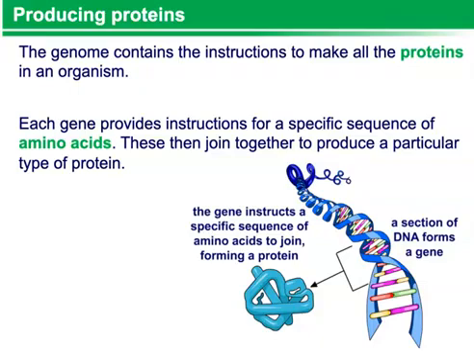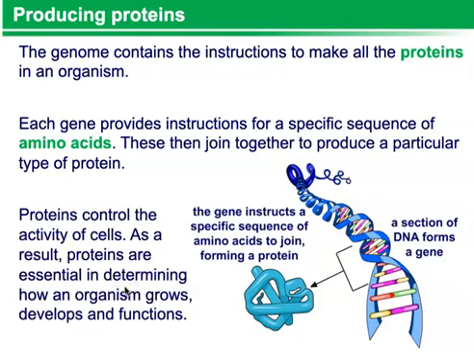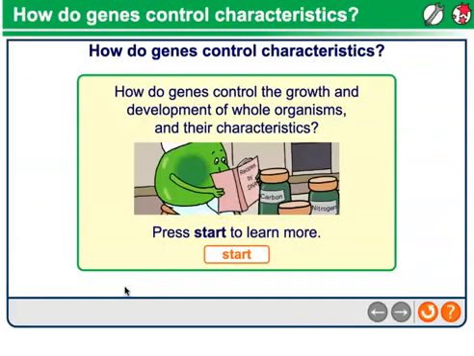The gene instructs a specific sequence of amino acids to join, forming a protein, and that is read from a section of DNA. Proteins control the activity of cells. As a result, proteins are essential in determining how an organism grows, develops, and functions.